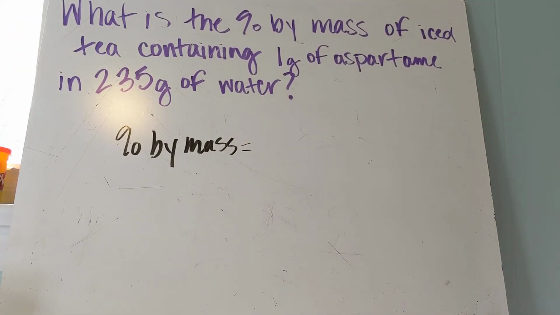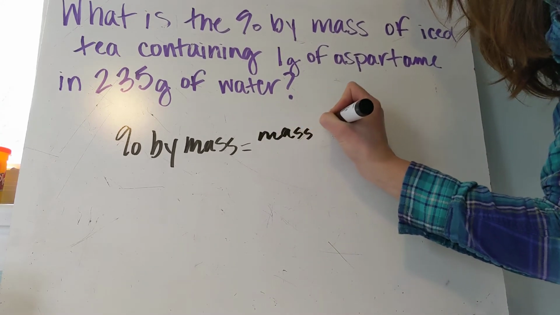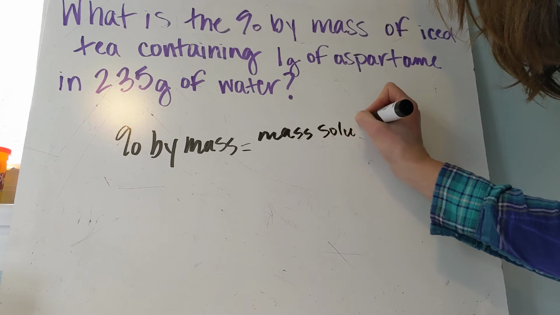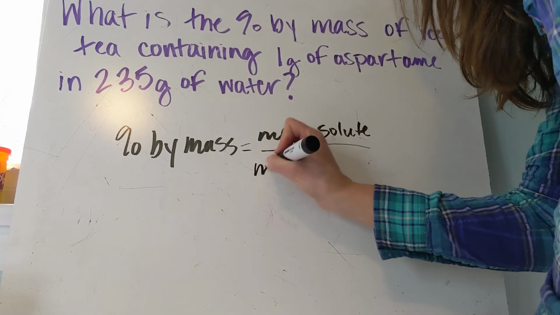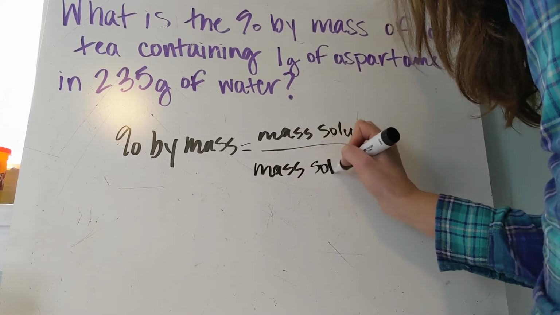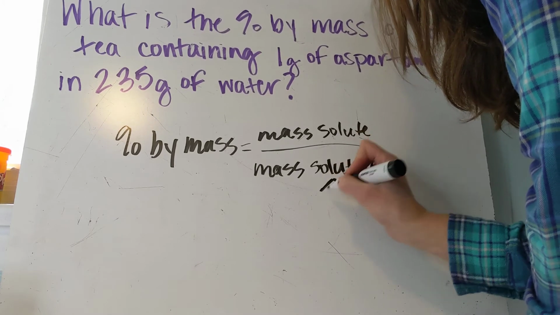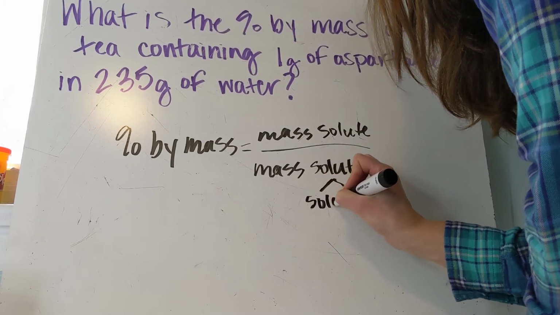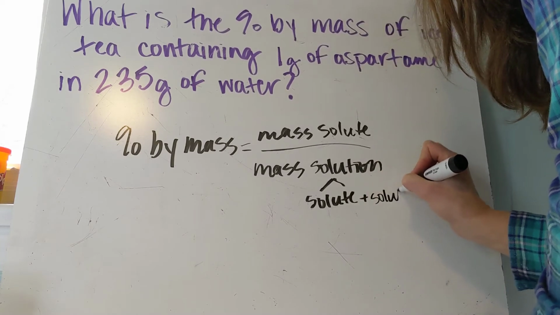Remember, our percent by mass formula is the mass of the solute divided by the mass of the solution, with the understanding that this could be my solute plus my solvent.